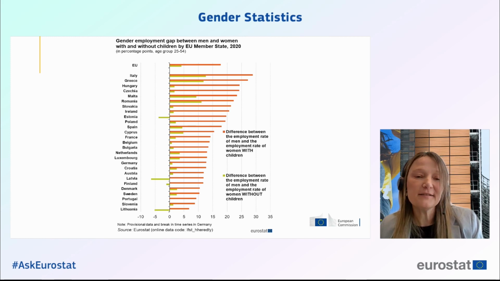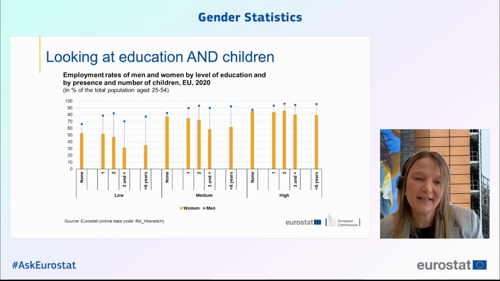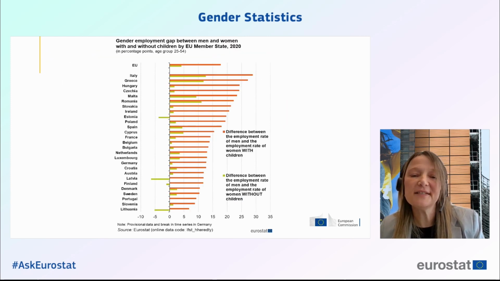However, if we consider the difference among men and women without children, so you can refer to the green bars here, we can see that it gives a different picture. The employment gap amounts to less than 3 percentage points in slightly more than 2/3 of the 27 member states.